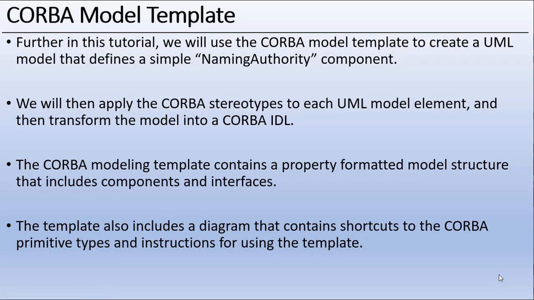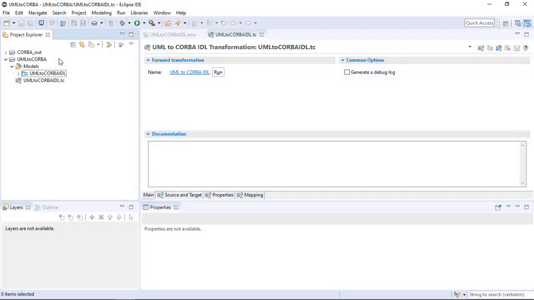Here is some information about the CORBA template model that you might want to read. Now let's start renaming and organizing the structure of the CORBA model template to create our own UML models with CORBA elements.